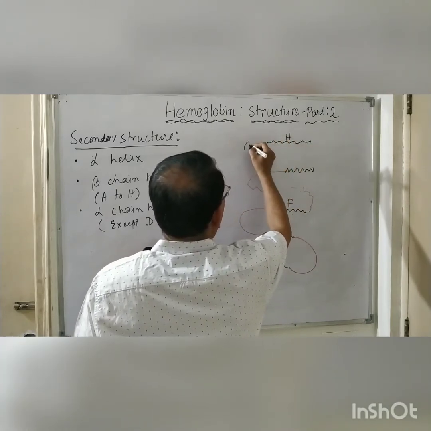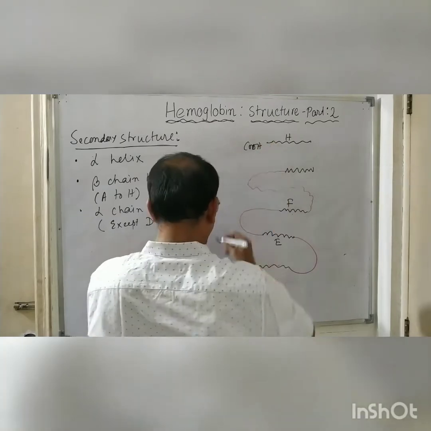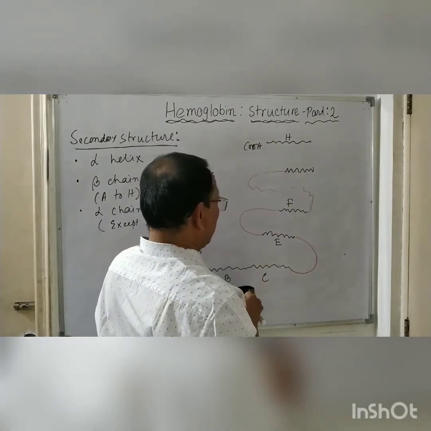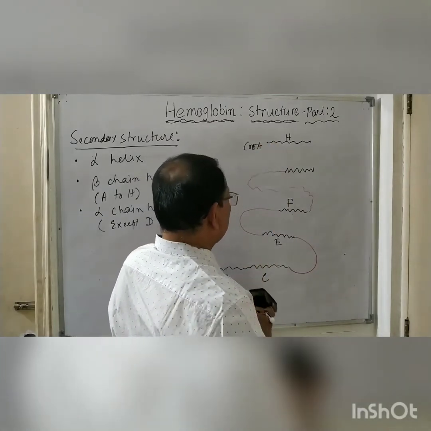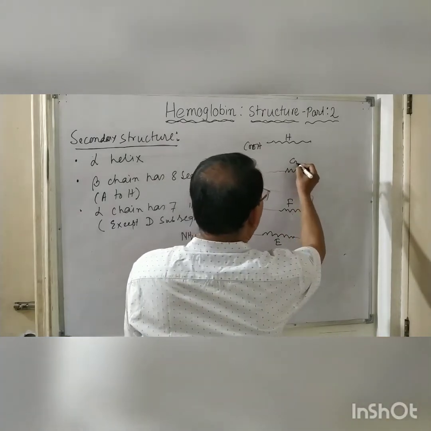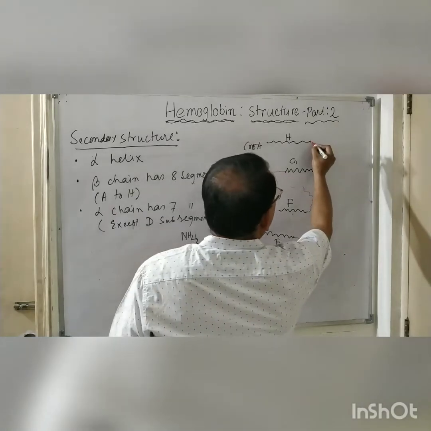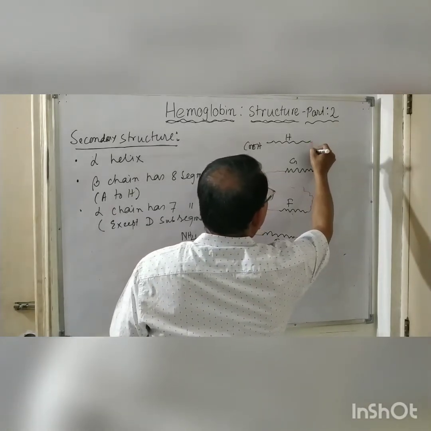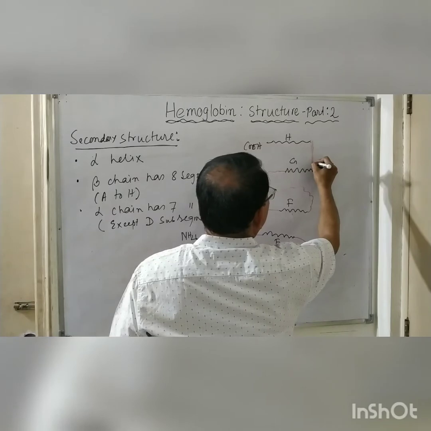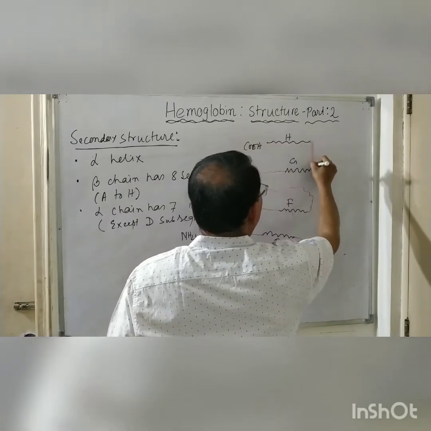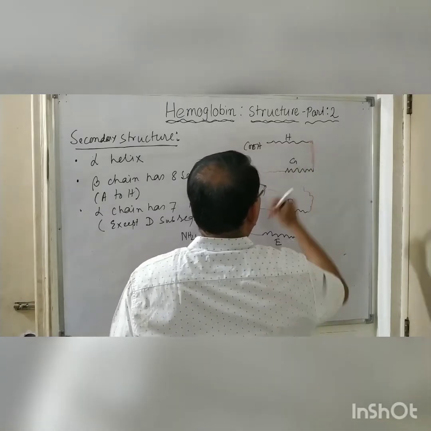Then there is the carboxy terminal group. The G segment is connected with another loop, known as the HG loop.